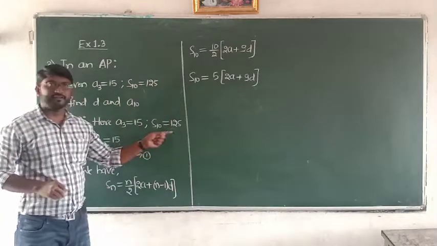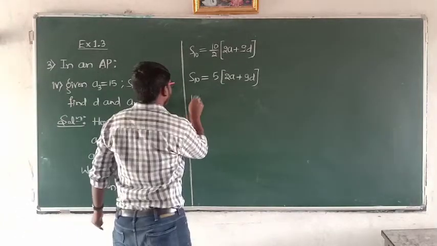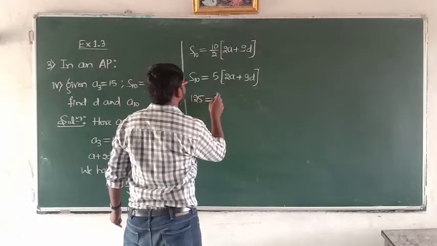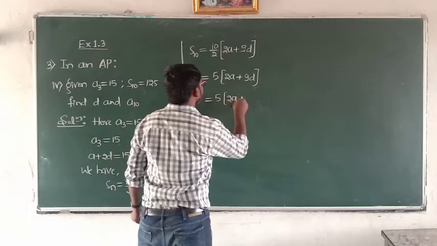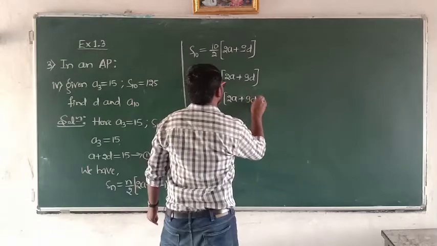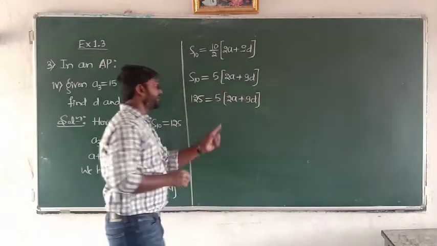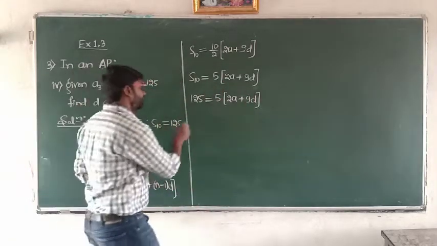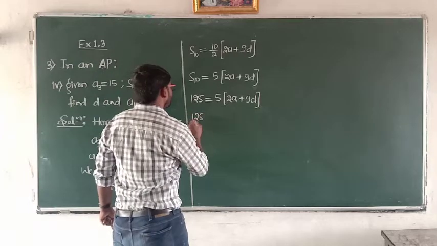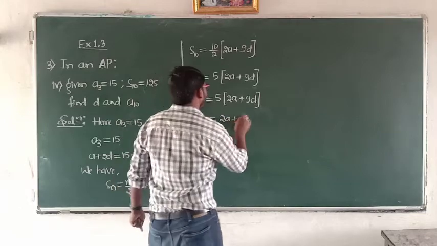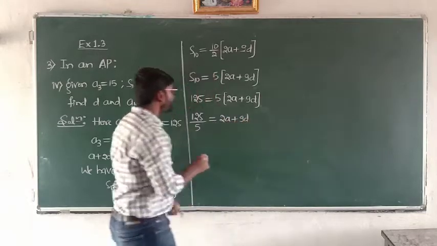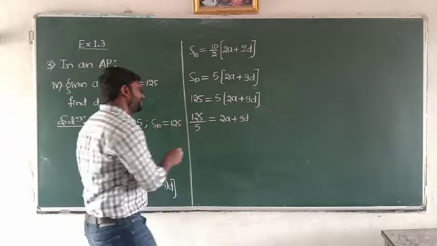Now what is the value of S10? It is 125. So 125 is equal to 5 into the bracket 2a plus 9d. Take 5 to the LHS, it goes to the denominator. 125 divided by 5 is equal to 2a plus 9d. If you simplify this, we get 25.